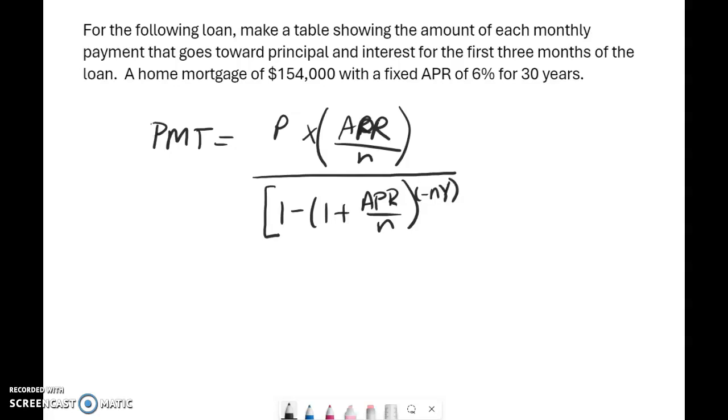And notice the loan formula has a negative sign in the exponent here. So we make sure we use the negative sign on the calculator, not the minus sign.